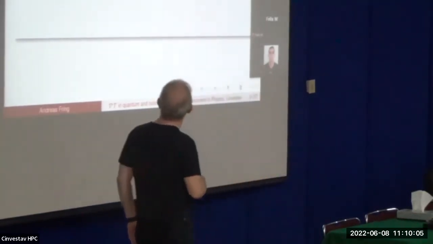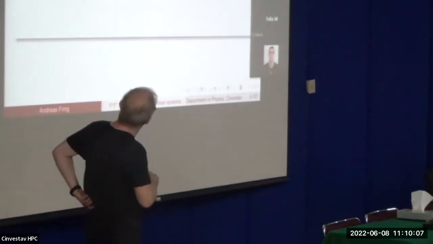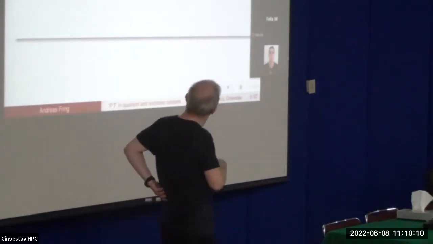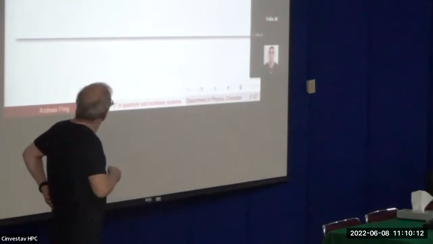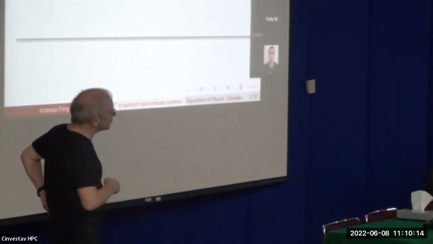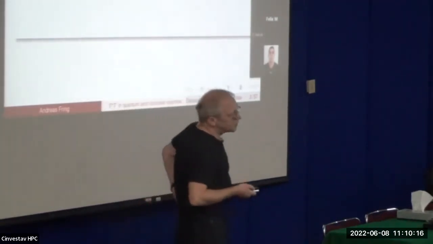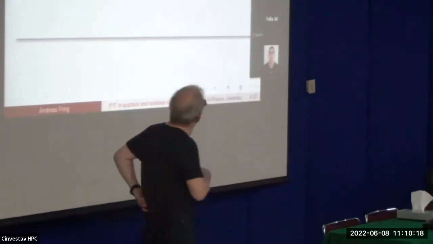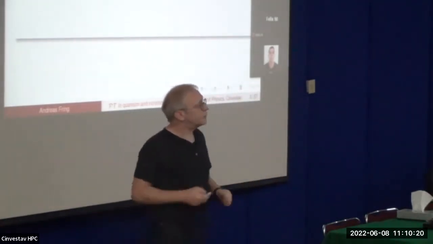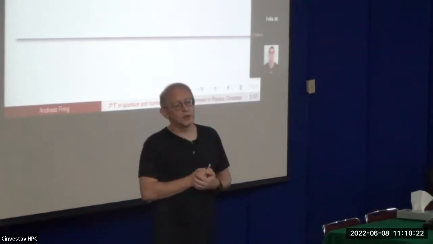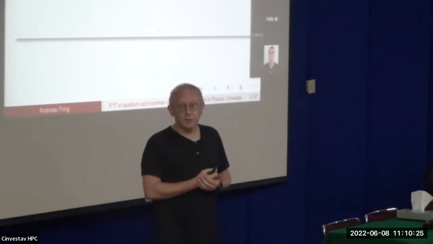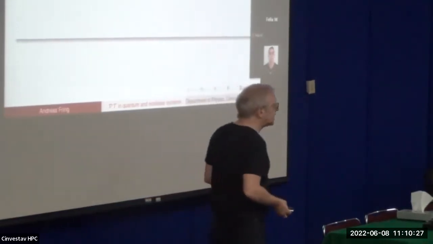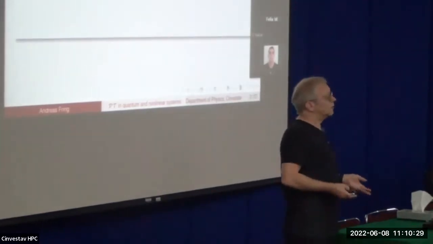So why is Hermiticity useful in the first place? Well, here's a little argument to show you that Hermiticity ensures the reality of energies. That's the first property that is ensured when you have a Hermitian Hamiltonian. And of course, energies need to be real, because that's what we measure.